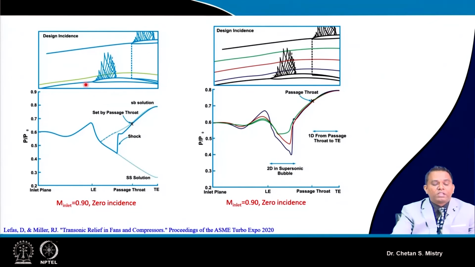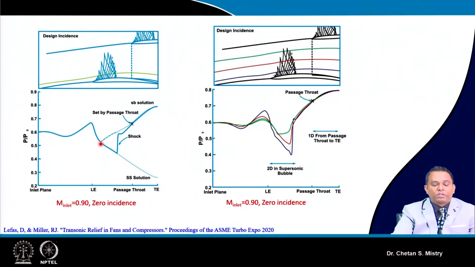Now, in the presence of this blade, we will have deceleration of the flow, which leads to a rise of pressure ahead of our leading edge. Since we have acceleration of the flow on the suction surface, that reduces the pressure.